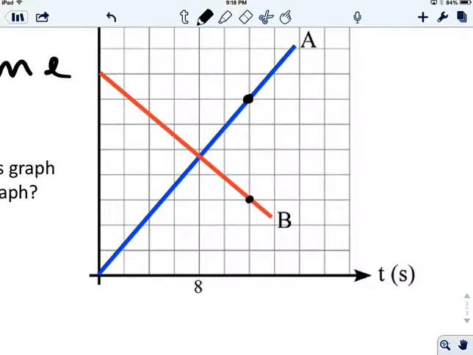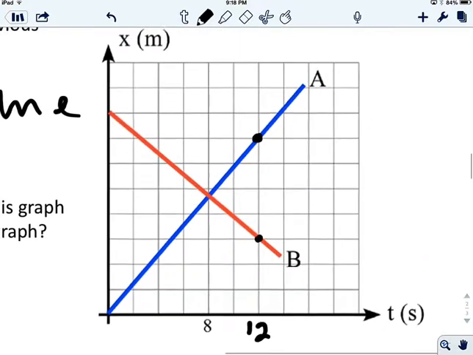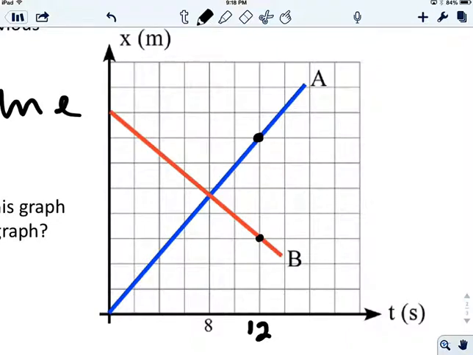So let's think about rise over run. We know that this is 8, 10, this is 12 seconds. So let's think about how far, regardless of distance, how far does each one go in that 12 seconds? And let's just pretend that this is 1 meter for each space. This is a bad graph, no labels. So for A, in 12 seconds, it goes 1, 2, 3, 4, 5, 6, 7 meters in 12 seconds.